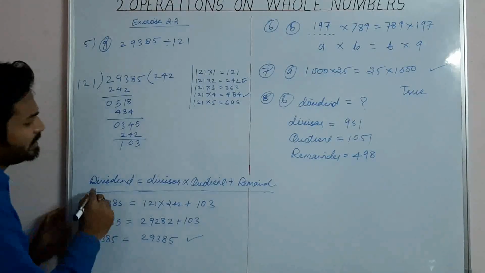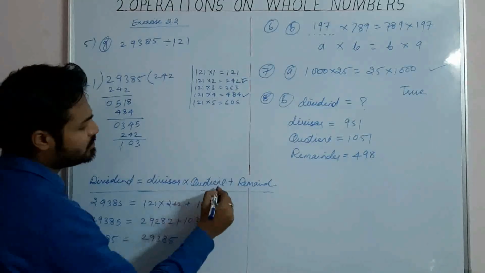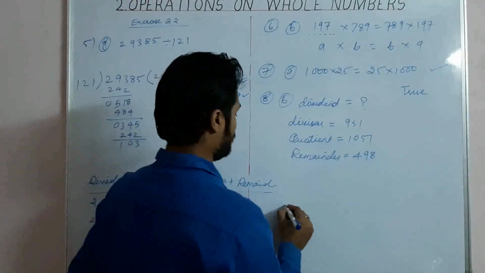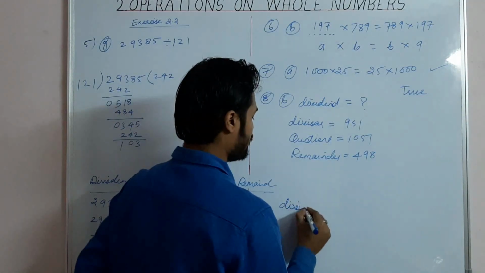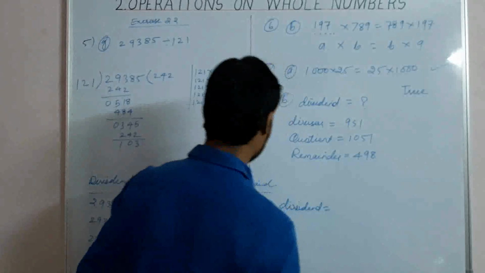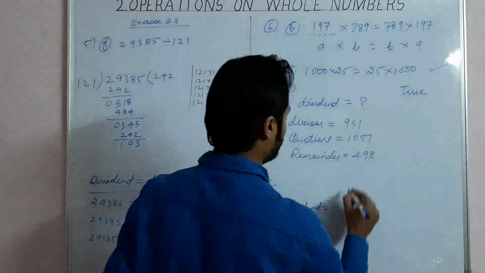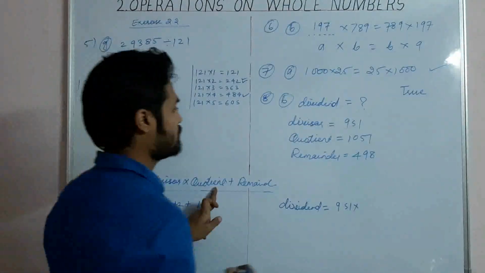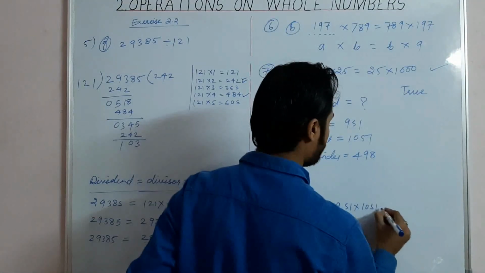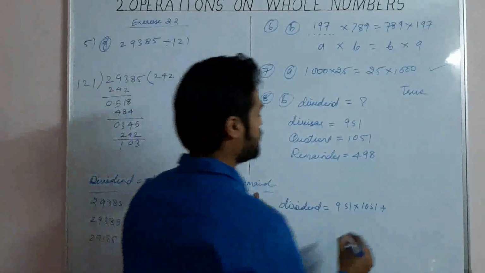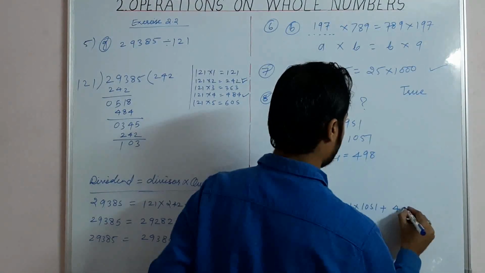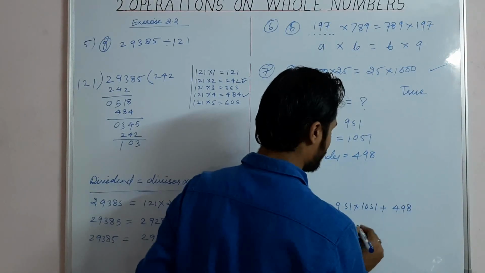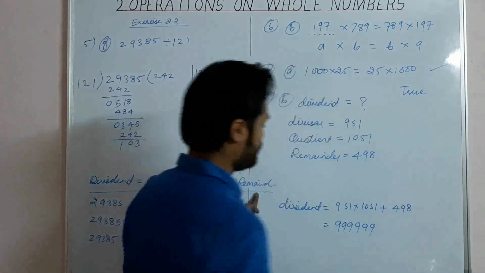Now we know that dividend equals divisor into quotient plus remainder. Now we have to use this for the problem. So we'll write dividend equals divisor 951 into the quotient 1051 plus the remainder 498, and I know the answer, so I'm writing it. We need to calculate this.